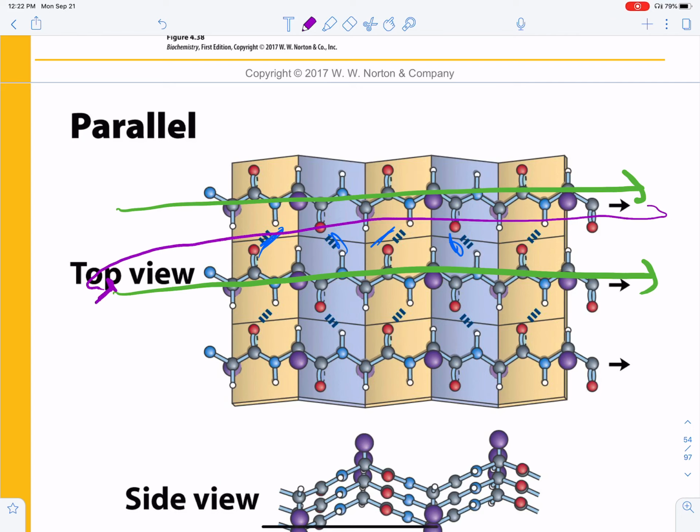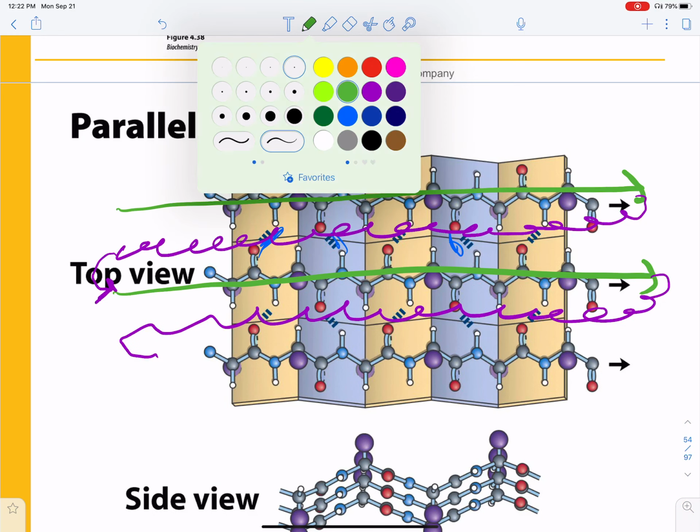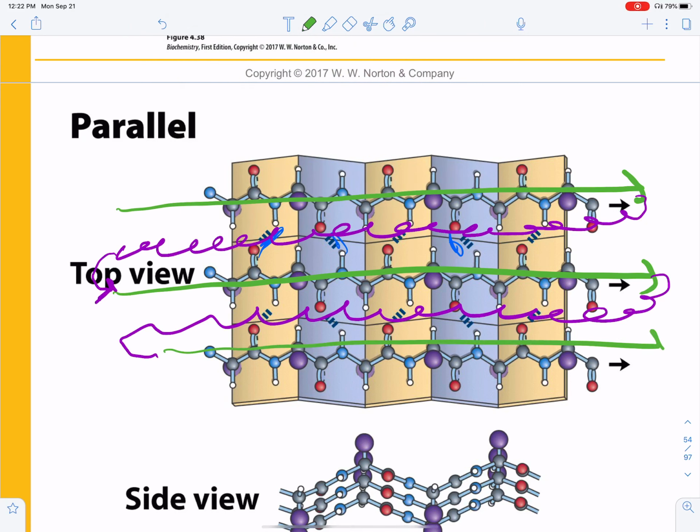And so one way that happens a lot is that we put in an alpha helix that loops the chain back around so it can start up again for a beta sheet. And then an alpha helix that loops the chain back around so it can start up again for the beta sheet.